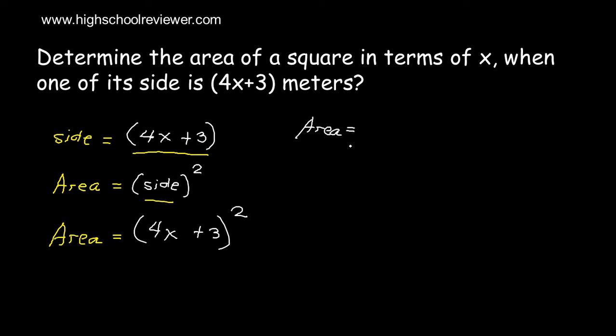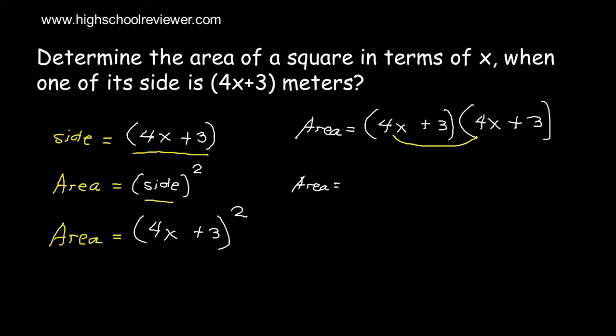Area now here will be equal to, so we can expand this. This will be 4x plus 3 and multiply this by 4x plus 3. Our area here will be equal to, we have here 4x multiplied by 4x. This is 16x squared. And we also multiply 4x to positive 3. And that is positive 12x. We also multiply positive 3 to positive 4x.